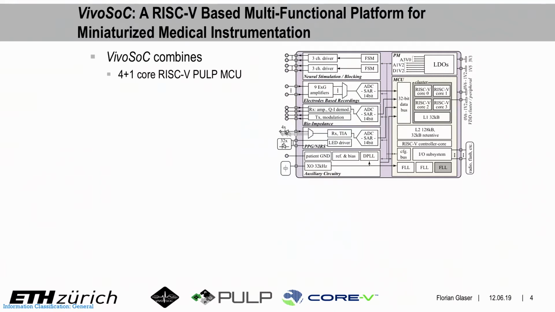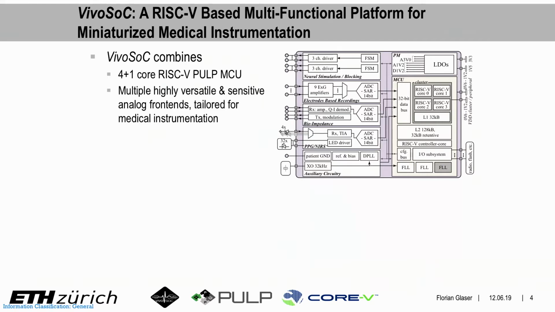So we basically combine a 4+1 core RISC-V pulp processing subsystem with a multitude of versatile and flexible analog frontends designed for various types of medical instrumentation and signal types. So with VivoSoc, we are able to do acquisition and also stimulation of biomedical signals, as well as processing and control within a single chip.